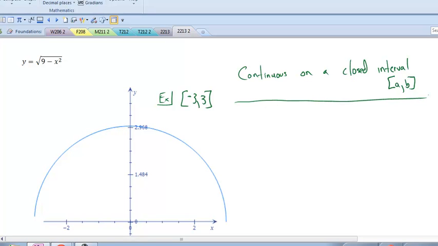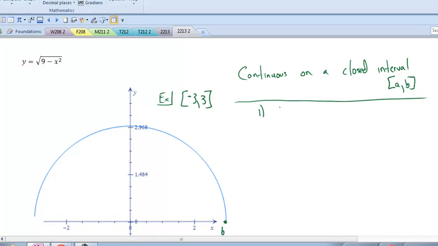Well, this is a little bit different, and the reason is if you think about being continuous, it means the limit has to exist at that particular value. How do you get the limit to exist at b if you don't have, if this is b here, the very end, how do you convince yourself the limit exists if you don't have the right-hand side of the limit? The function stops there.